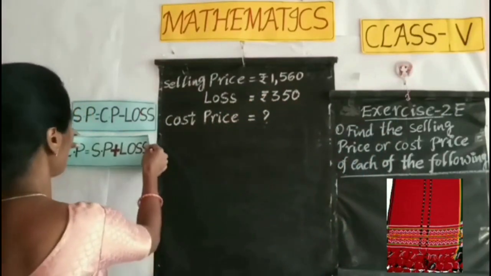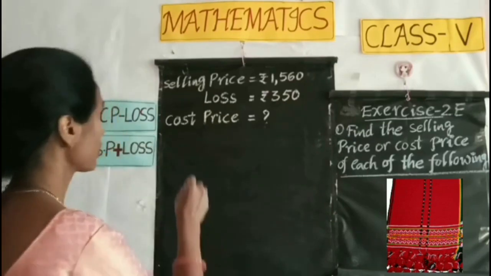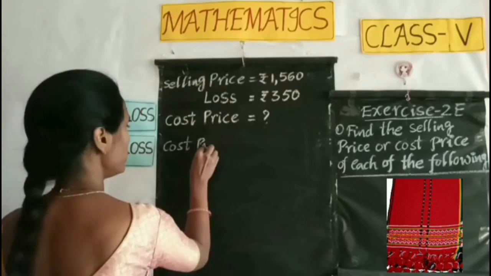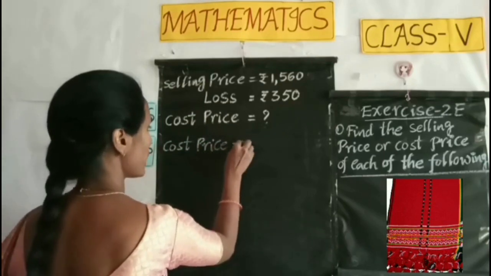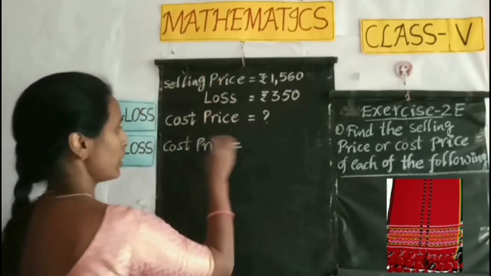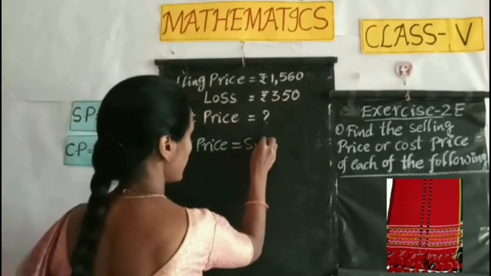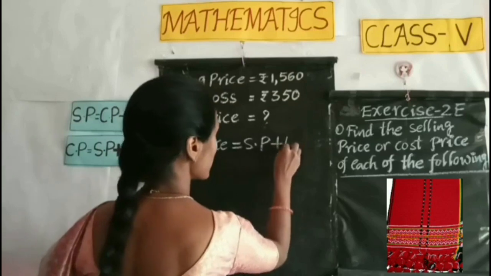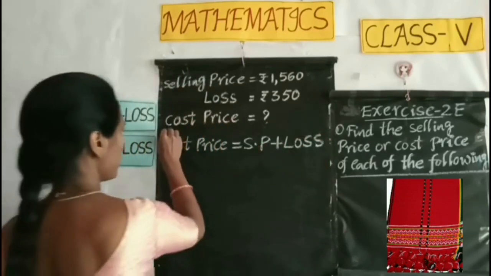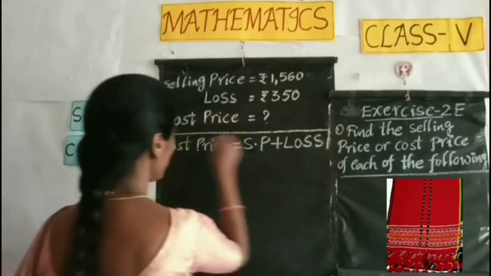Let us start. So, cost price is equal to... to find the cost price, we have to add loss to the selling price. SP plus loss. Okay, children? SP plus loss.